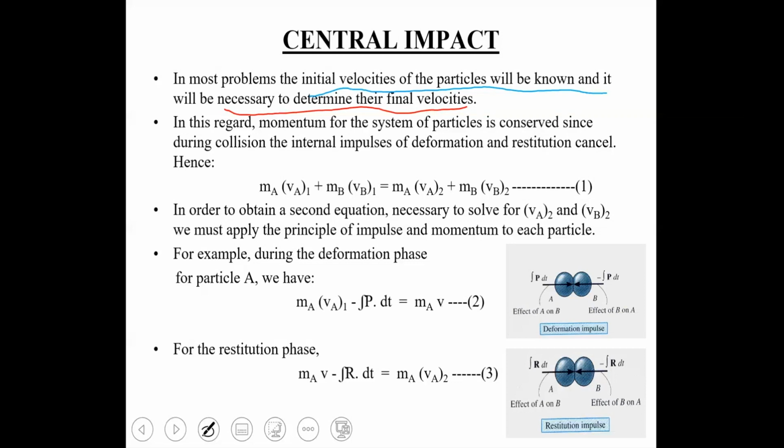Now in this regard, if we consider the system, that is if we consider both these particles as a system, तो उस सिस्टम पे ड्यूरिंग द डिफॉर्मेशन और रेस्टिट्यूशन फेज क्या कोई एक्सटर्नल इंपल्सिव फोर्स एक्सर्ट हुई है?